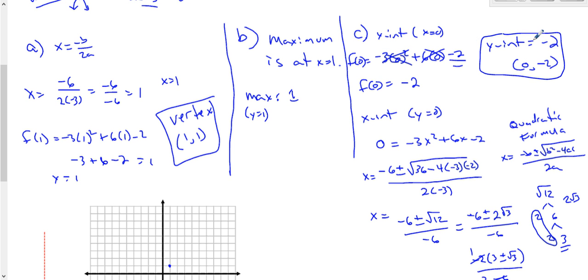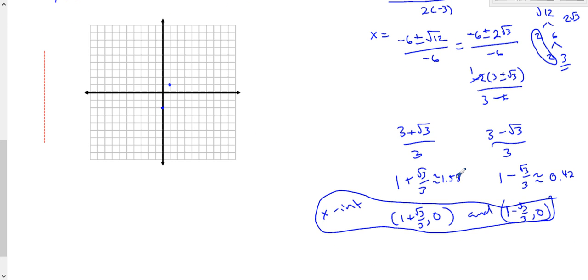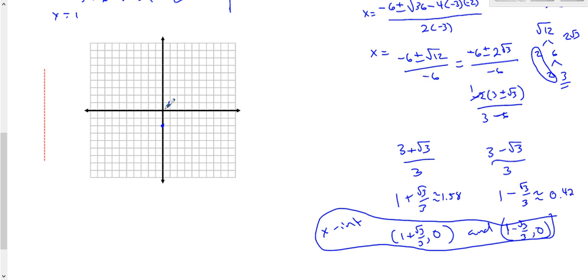My y-intercept is (0, -2), and that's right there. I could try to graph the x-intercepts, which is why I put 1.58 and 0.42. That's a little bit less than half for 0.42 and a little bit more than 1.5 for 1.58.